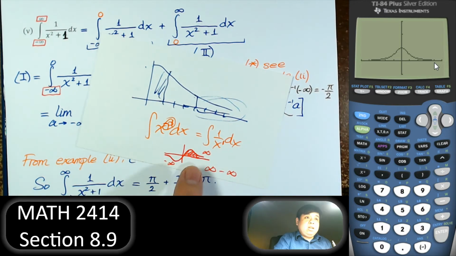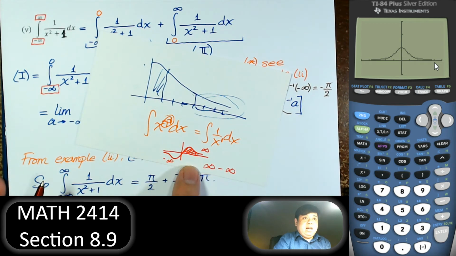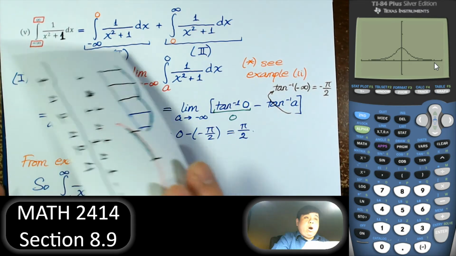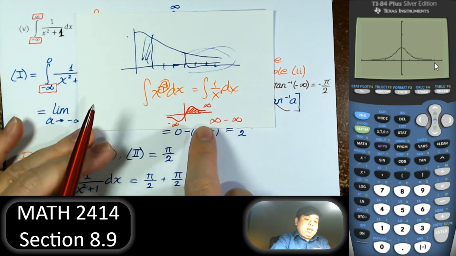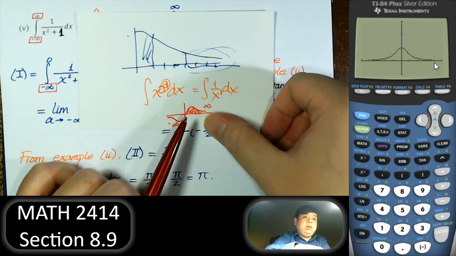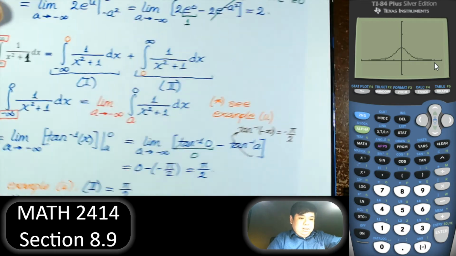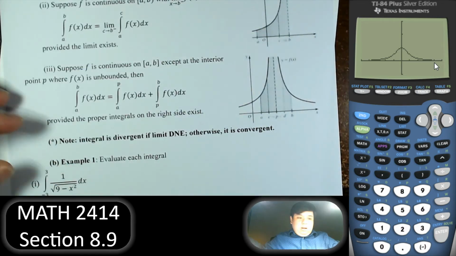By the way, somebody defines this to be 0 if the graph is like that. However, the way we define it is, if one of these is divergent, the whole thing is divergent. So in this case, ignore that. If one of them is infinity, the whole thing is divergent.